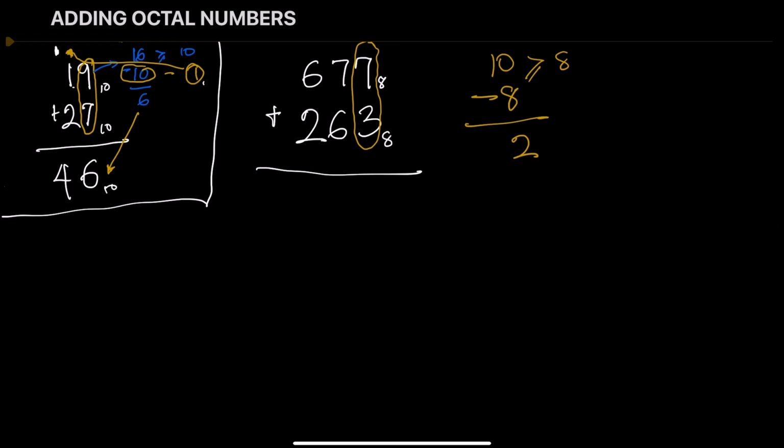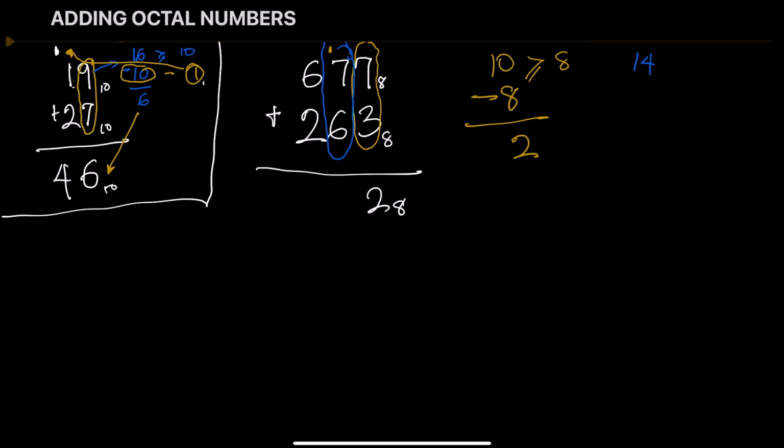We bring 2 down, and because we had to minus 8 once, we take 1 and give it to the next column. We know this is base 8. On the second column, we have 1 plus 7 plus 6, which is 14.